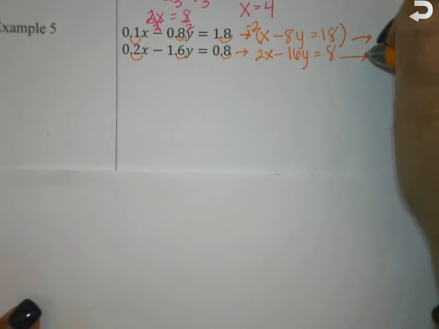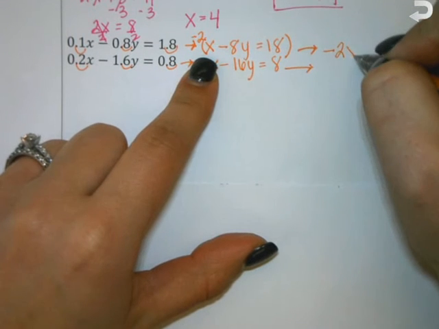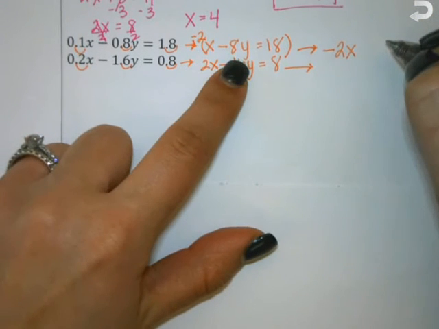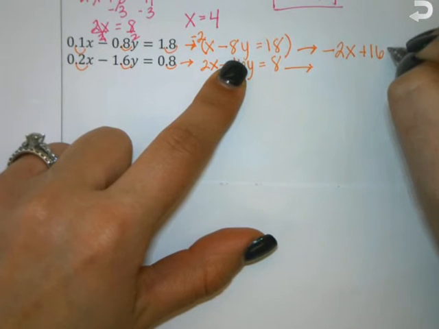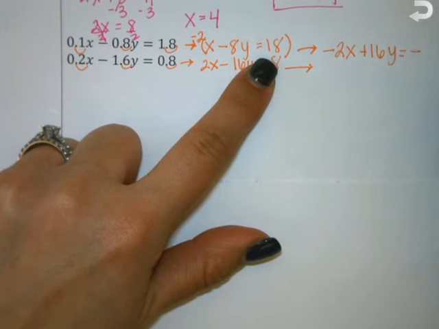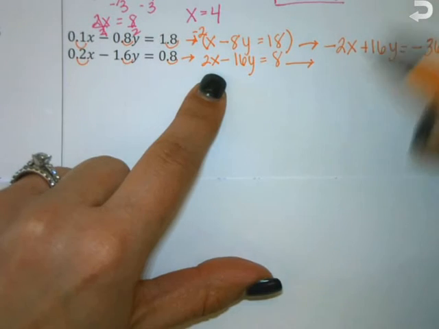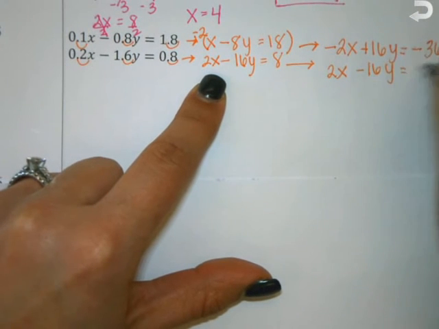Okay, so that's going to give me negative 2x. Negative 2 times negative 8 is going to give me positive 16y equals negative 18 times 2 is negative 36. And then this one stays the same. So 2x minus 16y equals 8.